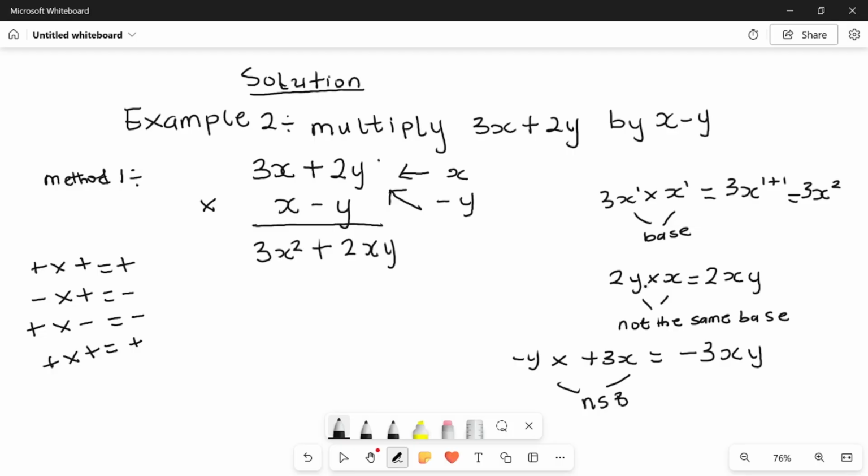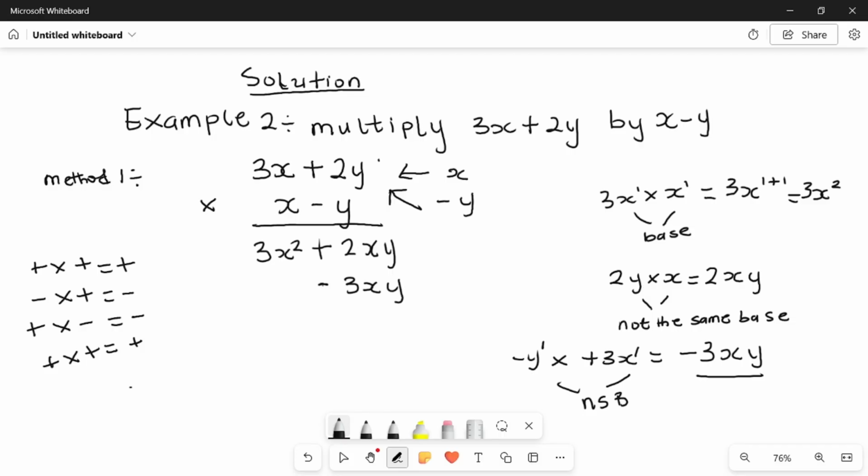Remember, this minus y is raised to power 1 and x is raised to power 1, so you cannot add their powers. You just simply write it as minus 3xy. So let's look for the place we have xy and write it under it. So it will be here, xy. Write it under it: minus 3xy.